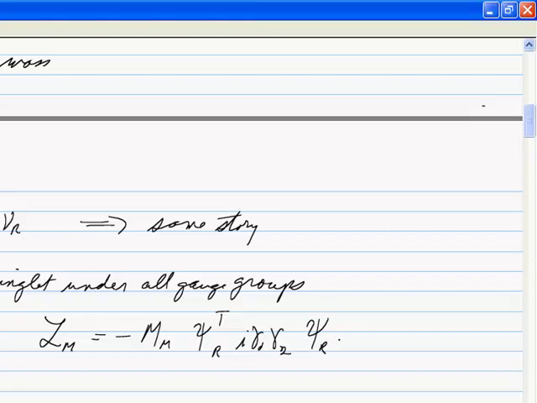Okay, so we saw that when we did Majorana masses. If there was a charge, does everyone see that you couldn't do that? If it carried any charge, since this is psi and psi, if you take e to the i alpha psi, this would change by e to the i 2 alpha, so you couldn't do this with the left-handed neutrinos. You can only do it with the right-handed neutrinos.